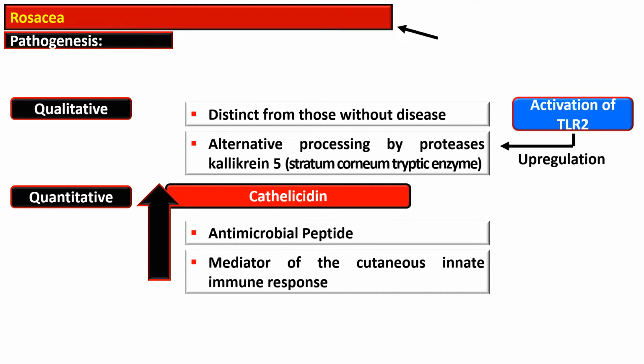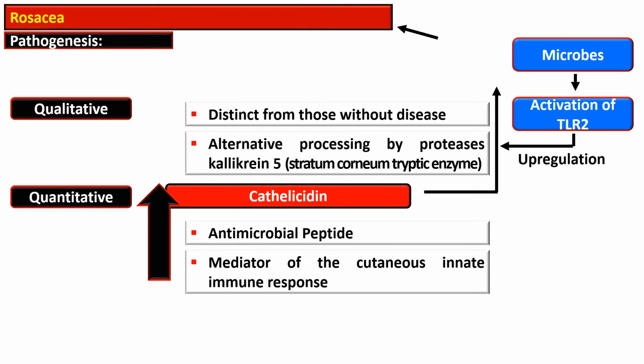This stratum corneum tryptic enzyme is upregulated by the activation of TLR2, toll-like receptor 2, and there are several microbial triggers suggested that are responsible for activation of TLR2, but none is proven as yet. The injection of cathelicidin from affected individual to mice produced changes of rosacea such as inflammation and vascular dilatation.